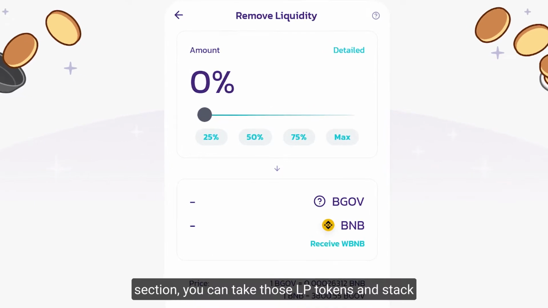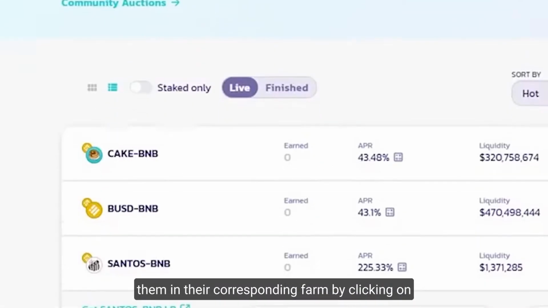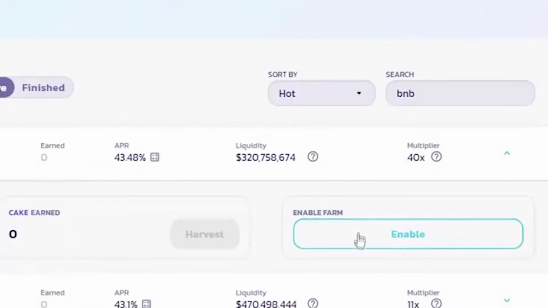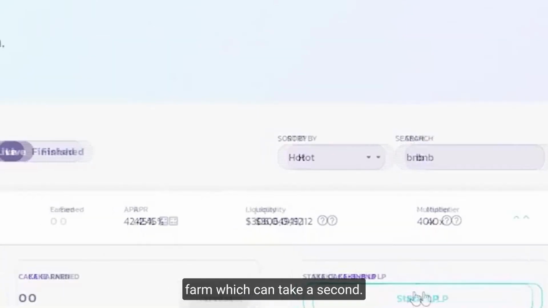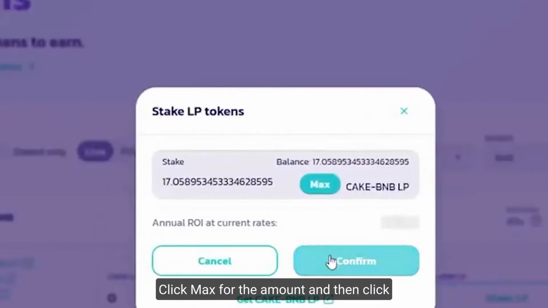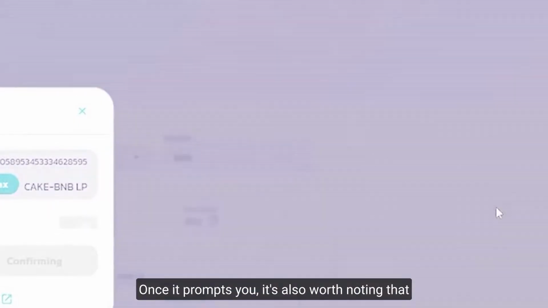You can take those LP tokens and stake them in their corresponding farm by clicking on the pair that you provided liquidity for and enabling the farm, which can take a second. Then you click Stake LP, click Max to select the full amount, and then click Confirm on both PancakeSwap and MetaMask once it prompts you.